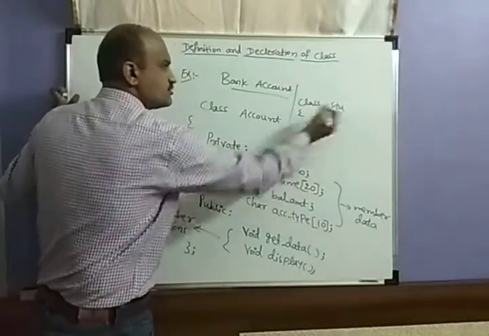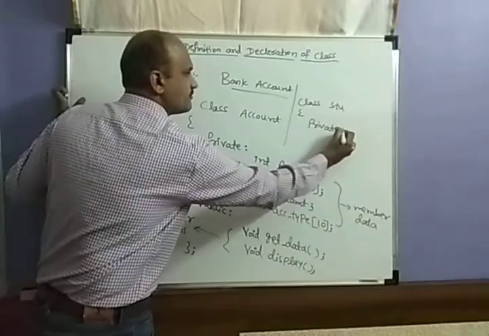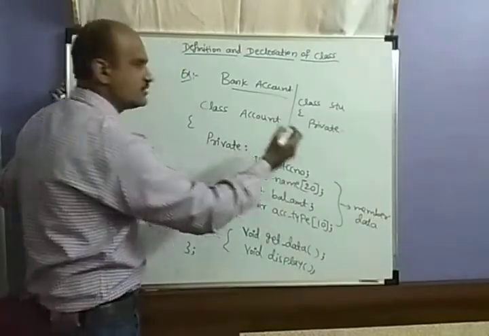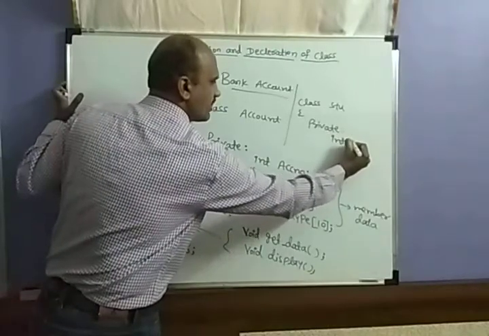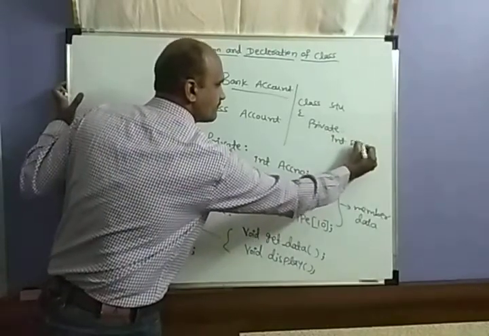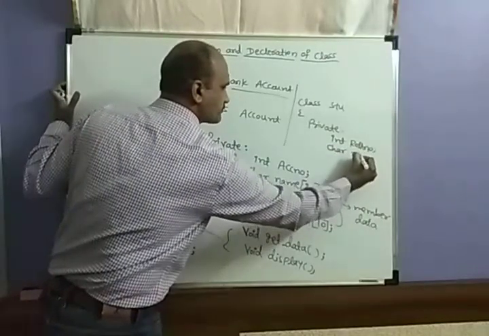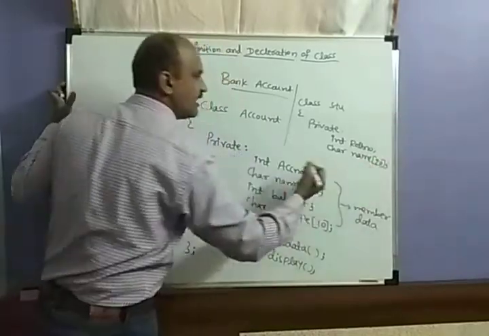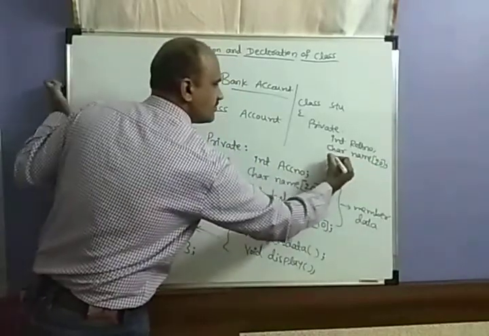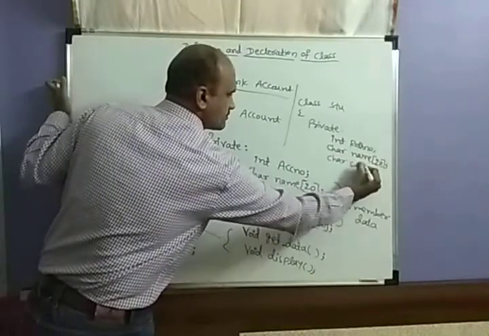Then in the student, what will we have? In the private, you can declare some variables for the student, having what? Roll number, student having roll number, student having the name, okay. So like this you can declare any class, and student having the subject, okay, subject.